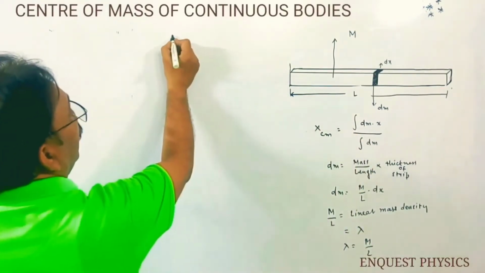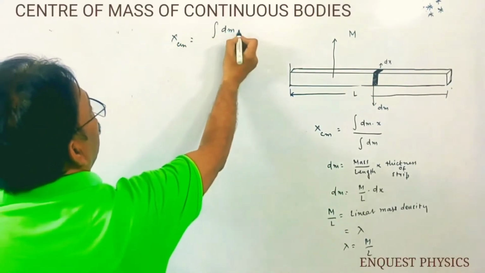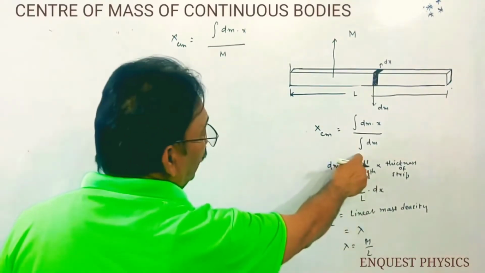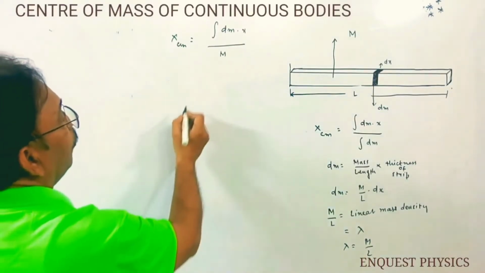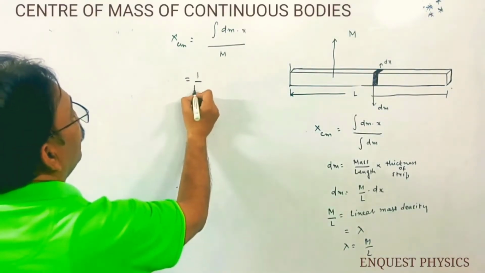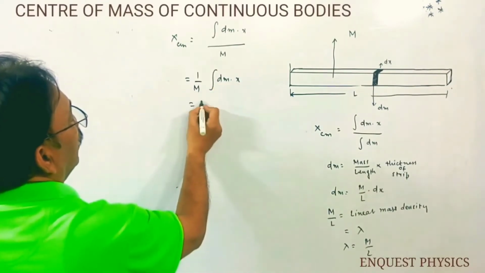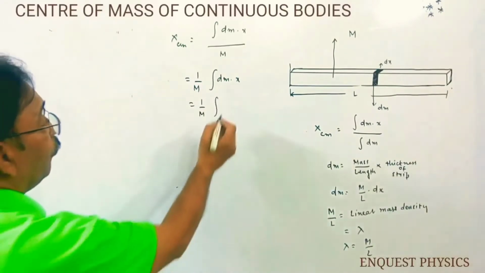Then the equation can be rewritten as xCM is equal to the integration of dm into x by M. By integrating dm we will get the total mass. That's why I wrote it this way. Then it can be written as 1 by M integration of the derivative of mass into x. Just replace the derivative of mass with M by L.